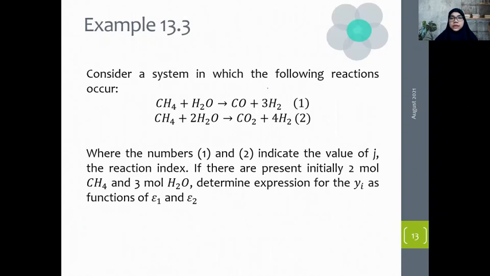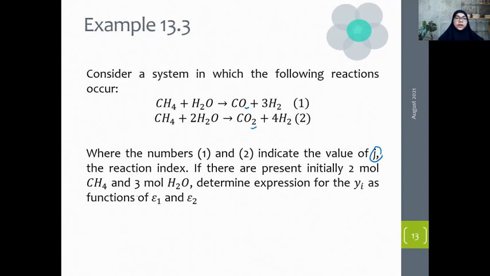Okay, maybe we can take a look at an example. Consider a system in which the following reactions occur. So we have two reactions. First, the product is carbon monoxide, and the second is carbon dioxide. Here the numbers 1 and 2 indicate the value of j, meaning j refers to the number of the reaction.